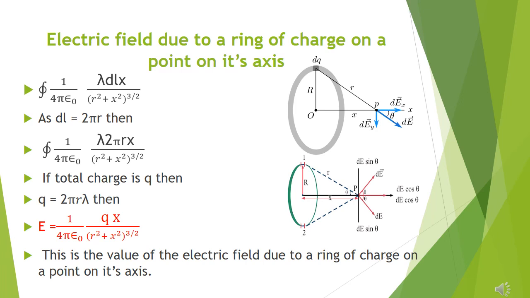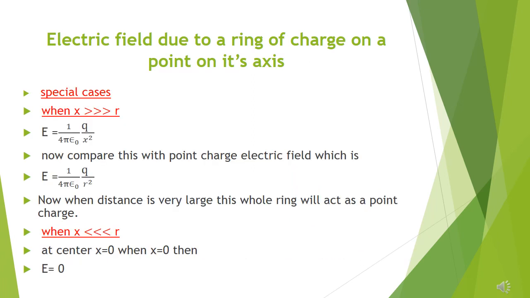Now we can compare this with the general formula for a point charge, which is E equals 1 upon 4 pi epsilon naught q over r square. So the only difference is in the value of r, which is replaced by x upon (r square plus x square) to the power 3 by 2. Now we will consider special cases of this ring of charge.